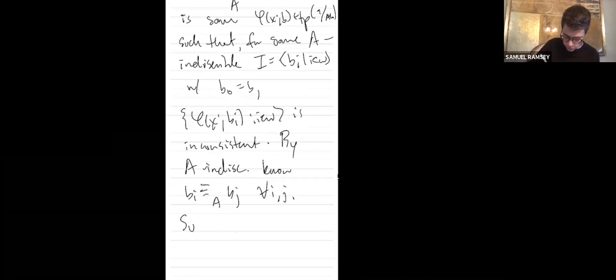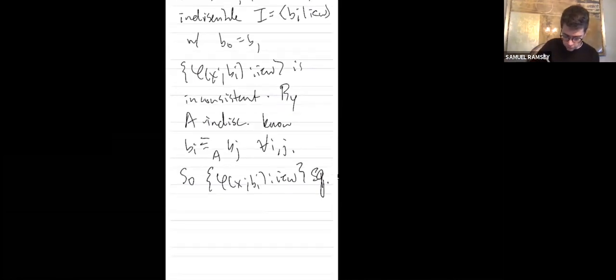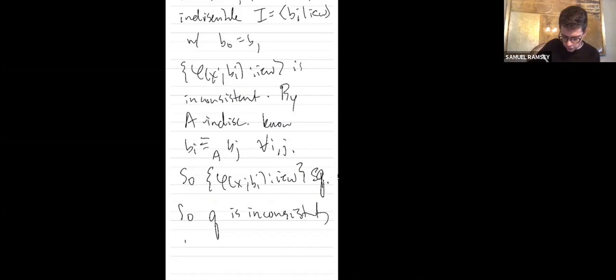So actually, all of these instances are elements of Q. One of the formulas was, namely phi x b_0, so all of them go into Q. So Q is inconsistent, which contradicts the definition of a type.